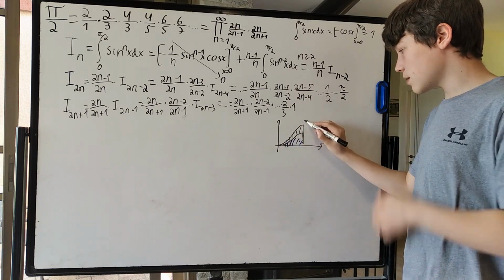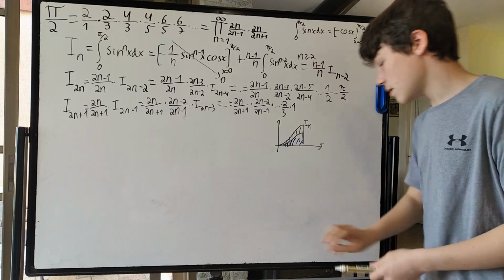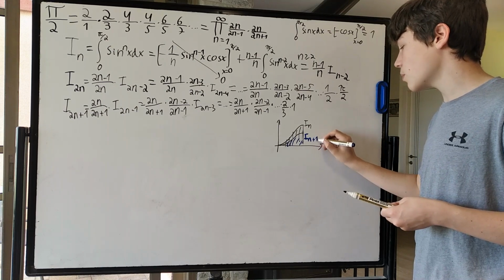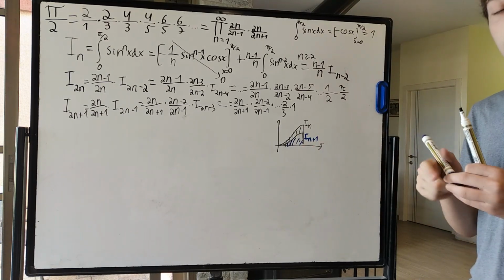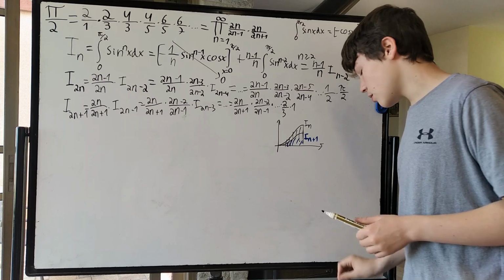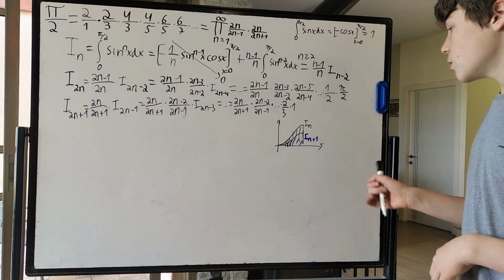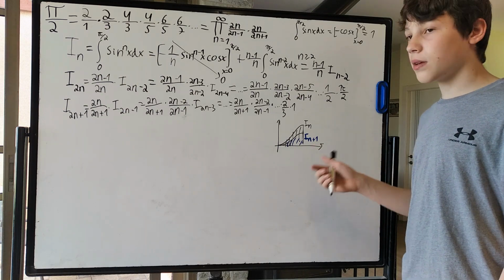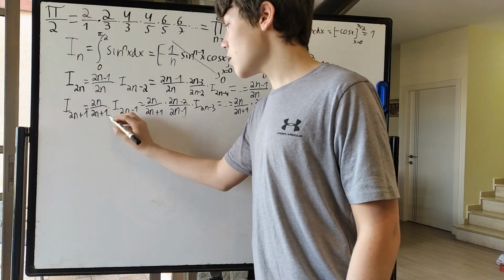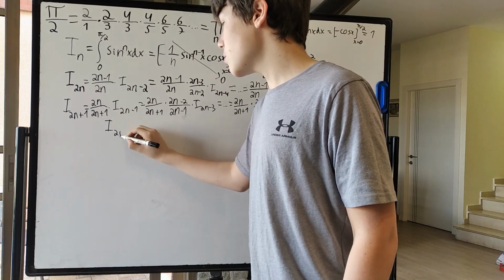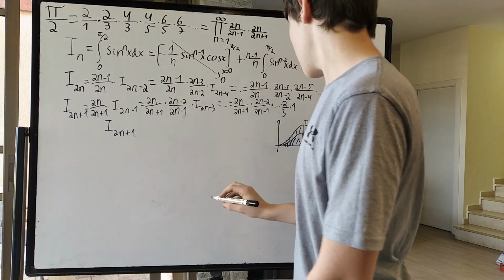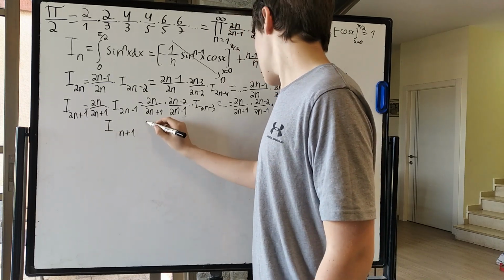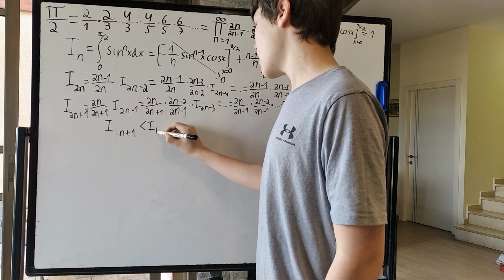We know this will be I_n, and this is I_(n+1), because we multiplied our graph by another sine in order to get to I_(n+1). We can see clearly that the blue area is smaller than the black area, and so we know I_(n+1) is smaller than I_n.